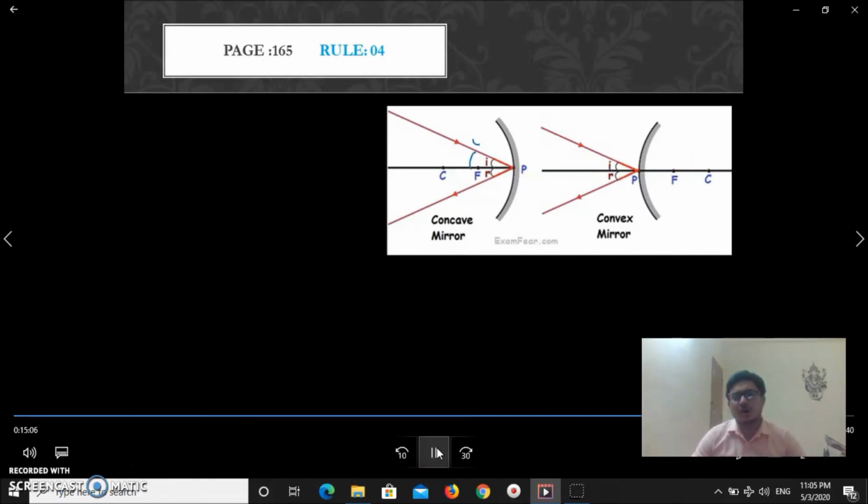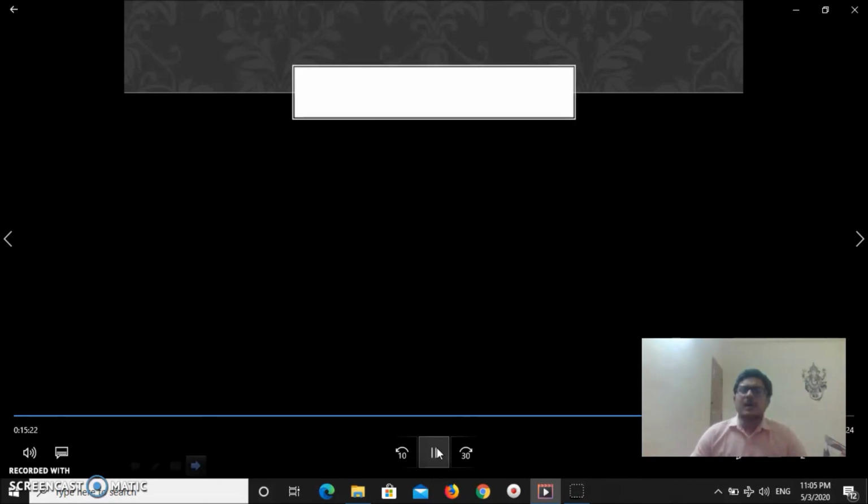The fourth rule is easy. It is the same first law of reflection, I equals R. Actually, I equals R at every point, but in rule 4 we will consider the pole as the point. Clear? Easy rule.